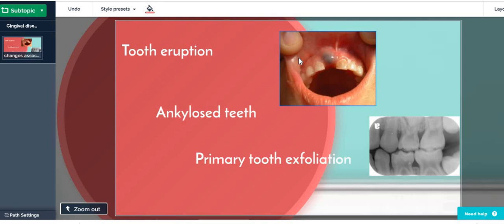The prominence is caused by the height of contour of the erupting tooth and mild inflammation from mastication. So it is something physiological. You shouldn't consider that as a gingival disease. But poor oral hygiene can contribute to the development of a significant gingivitis in unprotected gingiva. So, from early childhood, oral hygiene care should be considered.